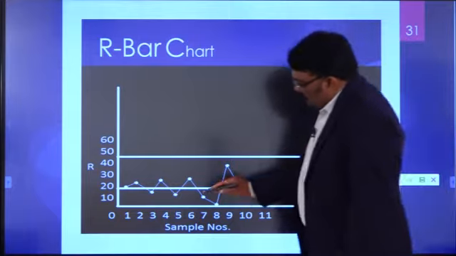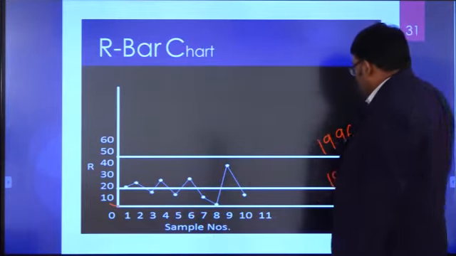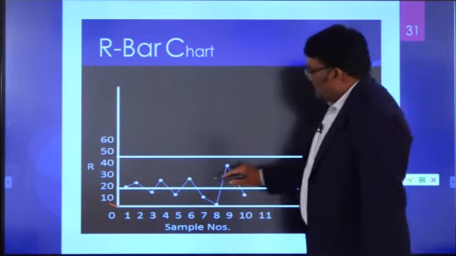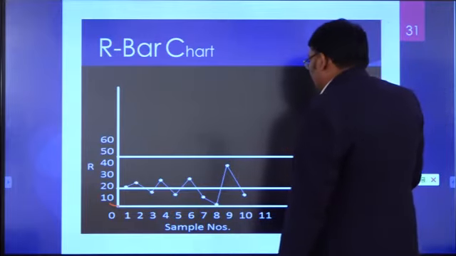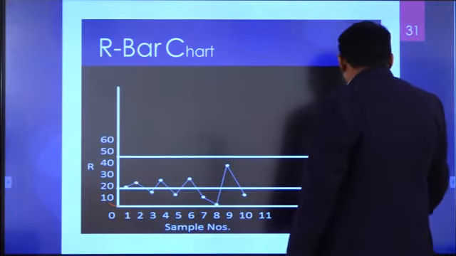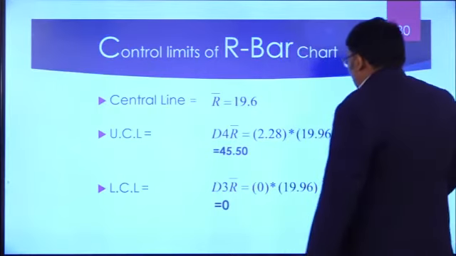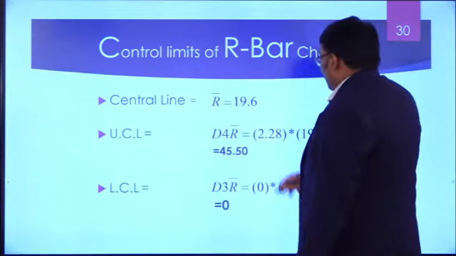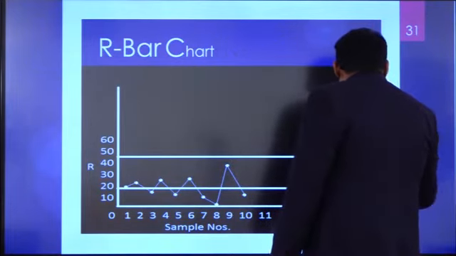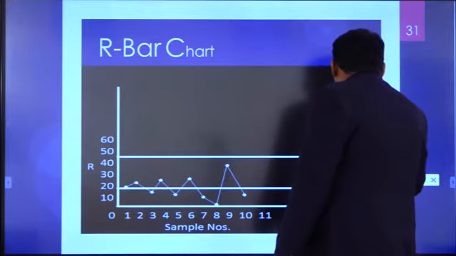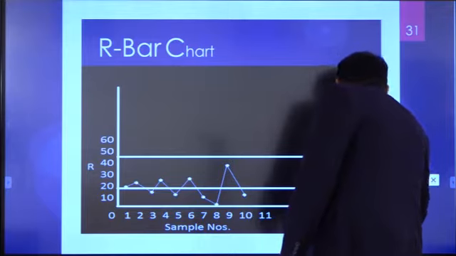That is why if you see that axis it is 0 and LCL is 0 and 19.6 is the upper value. So, this value is the 45.50 UCL, this is 19.6 and this is 0 value.